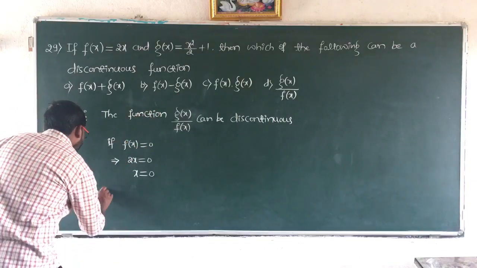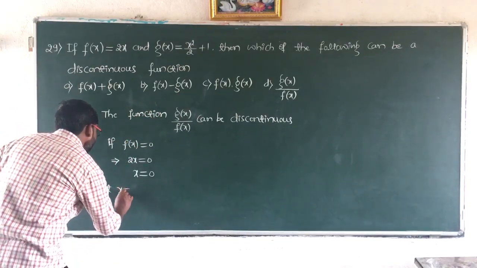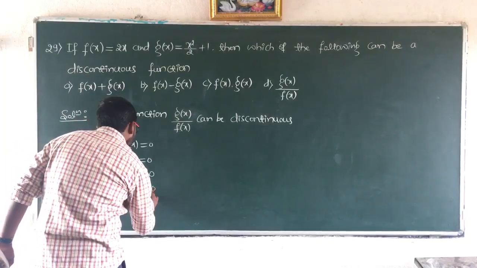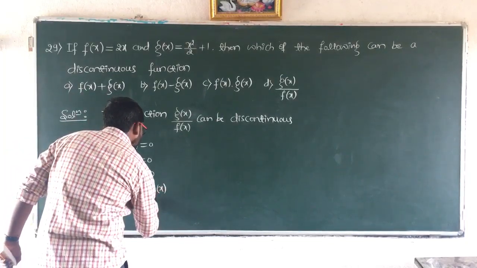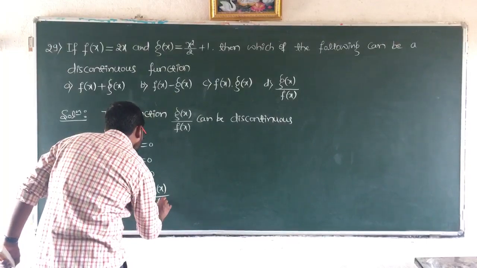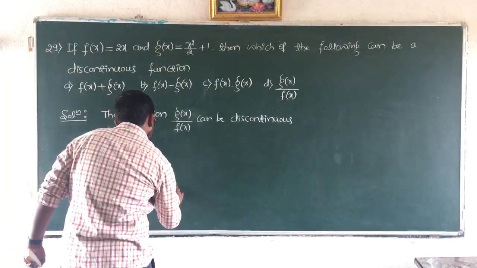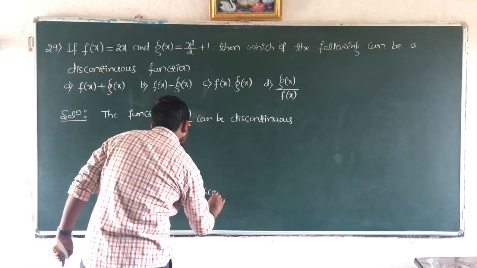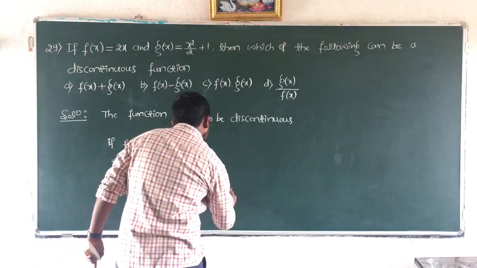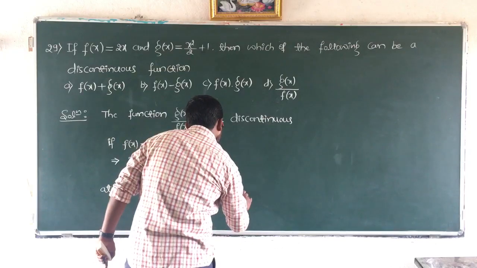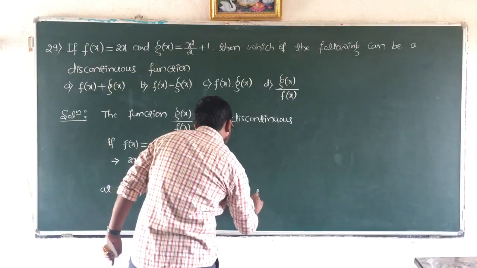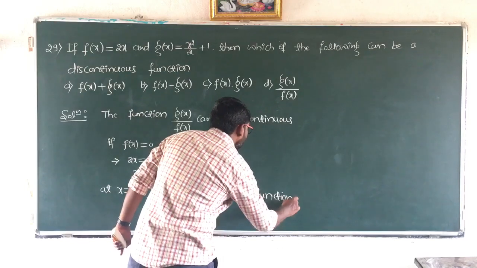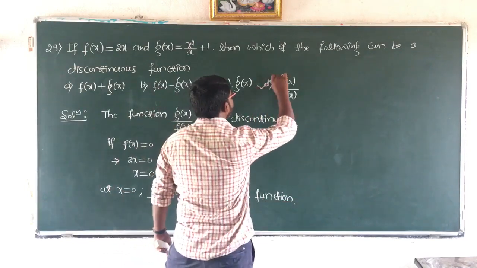So at x equal to 0, g of x divided by f of x is a discontinuous function. Hence the answer is option 4.